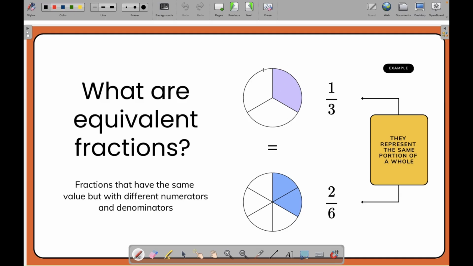Another example, if you consider this shaded figure, 1 out of 3 parts of the figure is shaded. Now instead of dividing the circle into 3 equal parts, I divide this into 6 equal parts, like this.